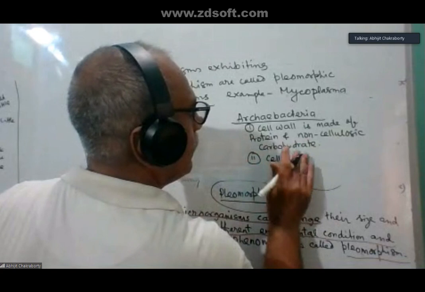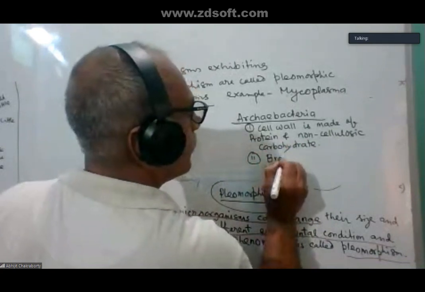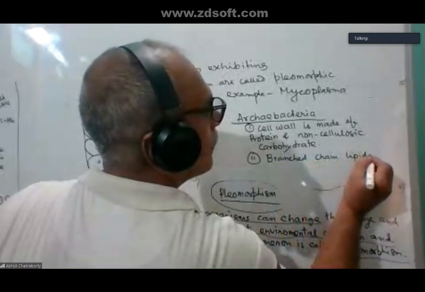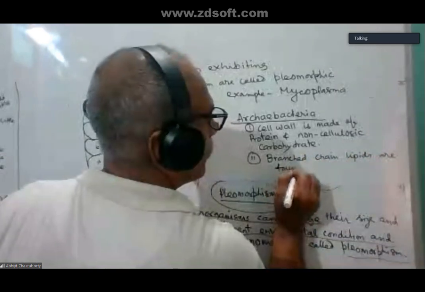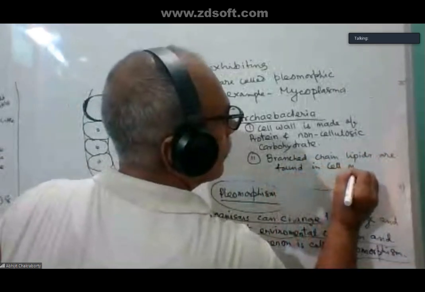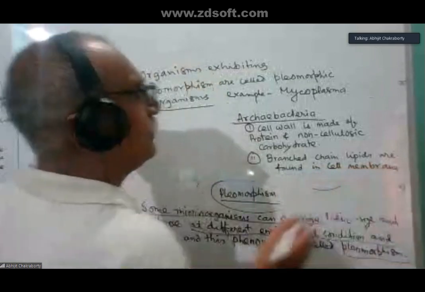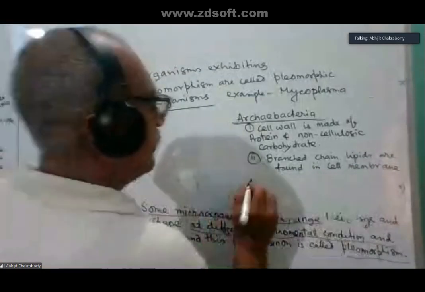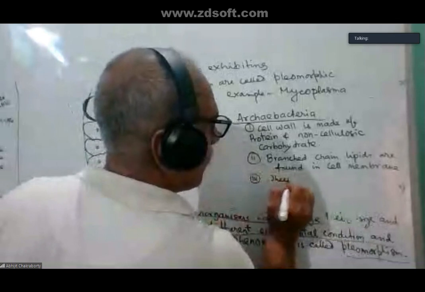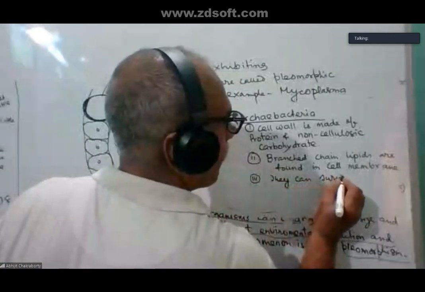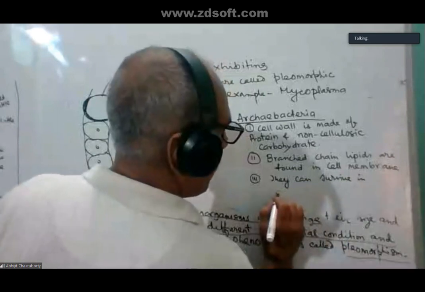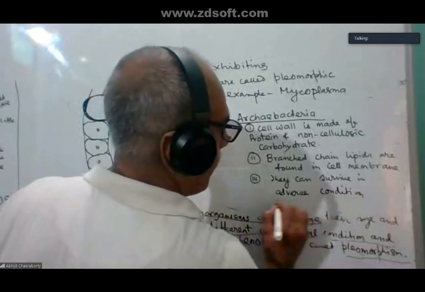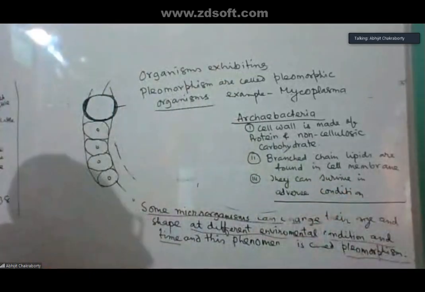In the cell membrane, they can survive in adverse conditions. So this is Archaebacteria in general.